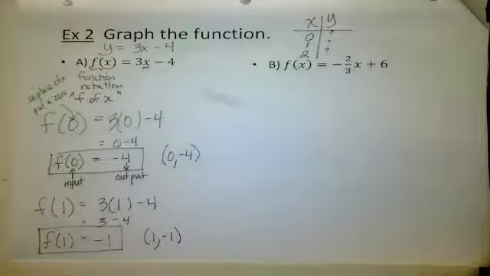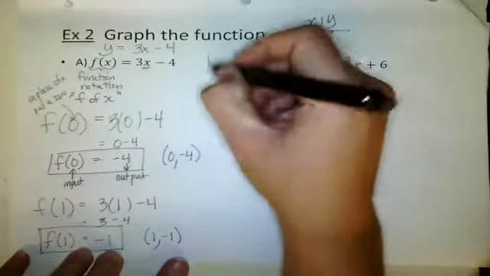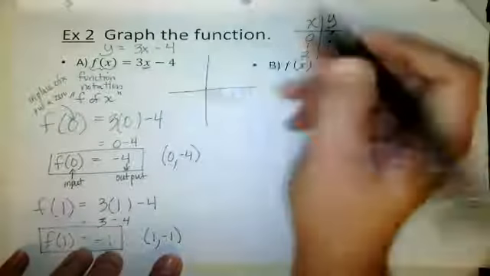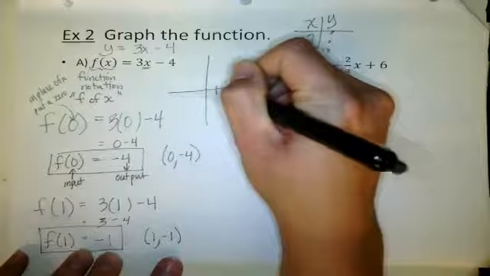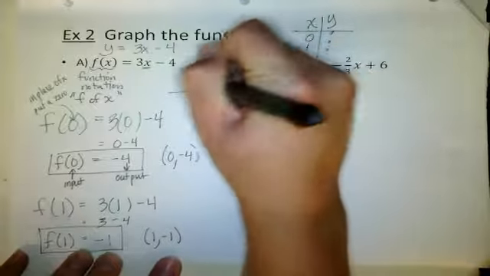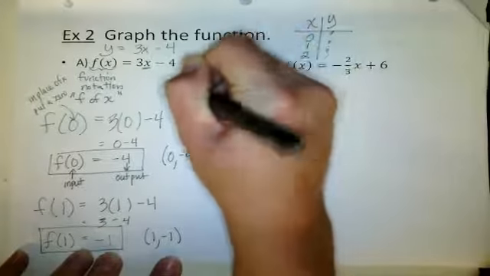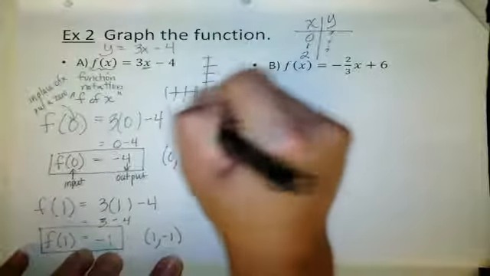Okay? How many points, according to geometry, how many points determine a line? 2 points determine a line. And so we have 2 points. Chicken scratch graph. 1, 2, 3, 4.